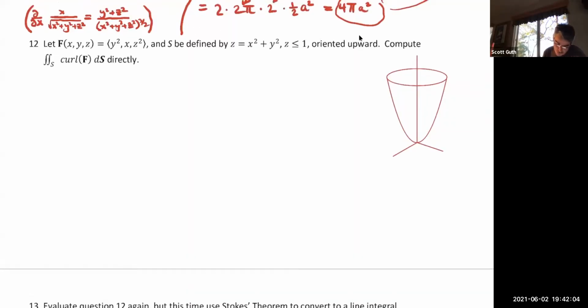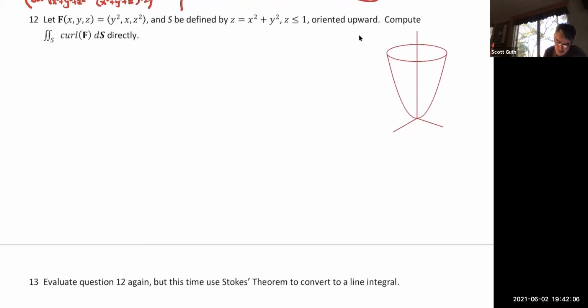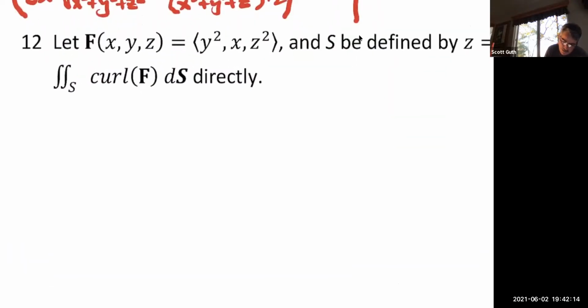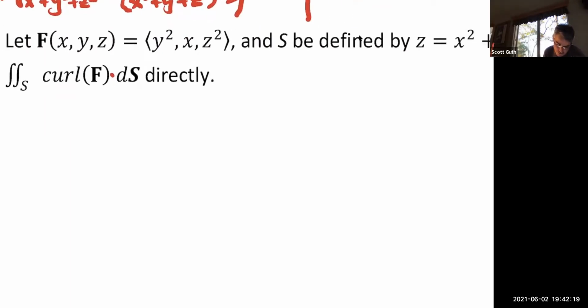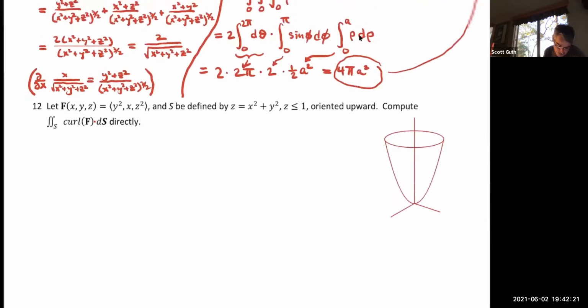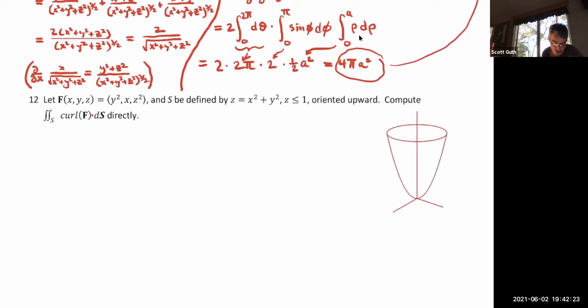Okay, so we're looking now at another surface integral, but this one's going to be the curl of f dot ds. There should be a dot right here because that's a dot product. They're asking us to evaluate the surface integral of the curl of a field.